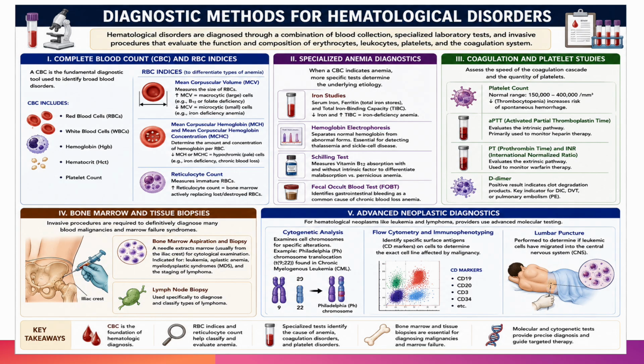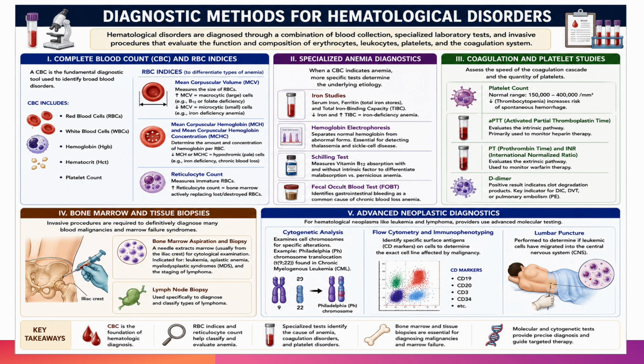RBC indices help classify anemia. So MCV tells us the cell size. MCH and MCHC evaluate the hemoglobin content, basically how much oxygen-rich blood there is in the red blood cells. Reticulocyte count tells us whether the bone marrow is responding appropriately.